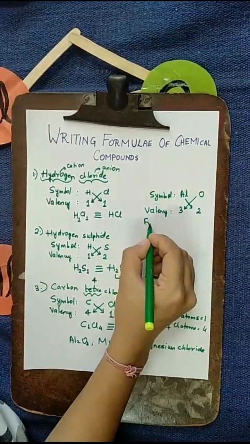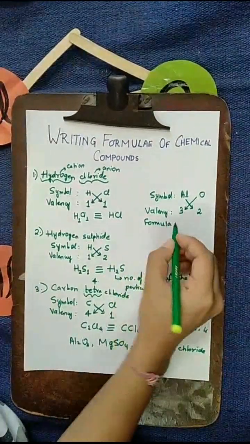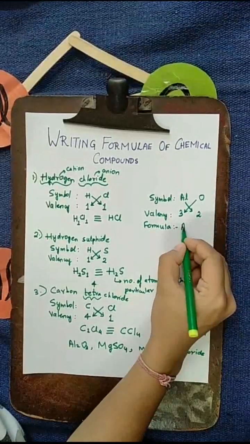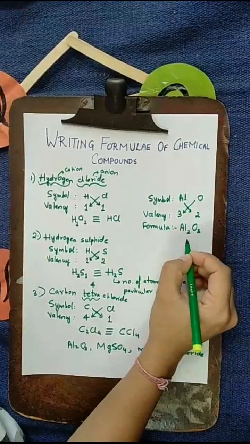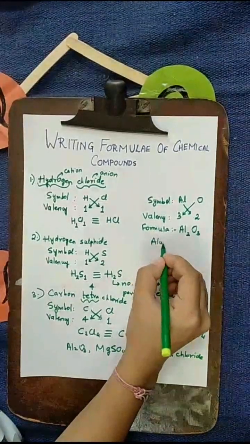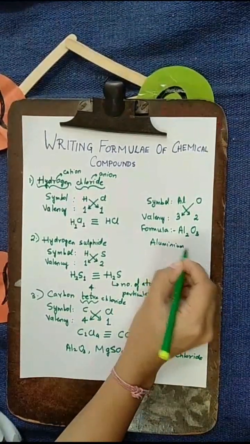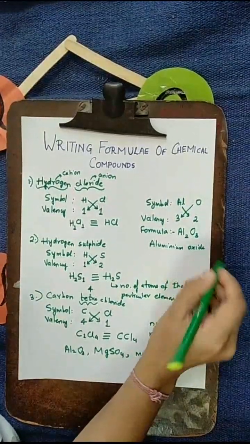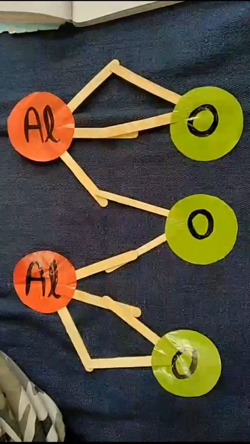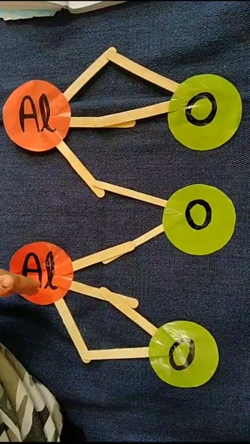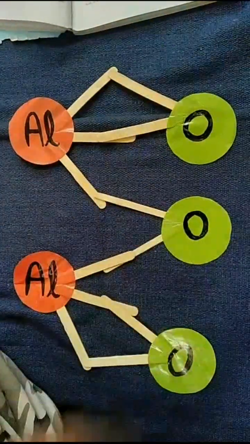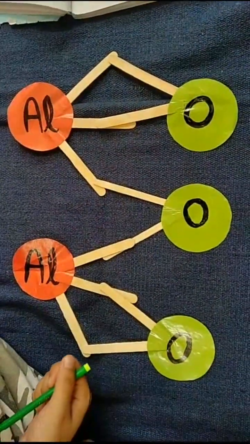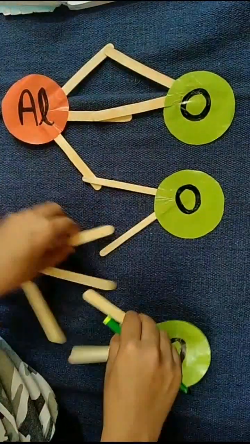So the final formula for aluminium oxide turns out to be Al2O3. Is it the same which we got in our ice cream stick model? Yes, there are two atoms of aluminium and three atoms of oxygen. Hence the formula Al2O3.